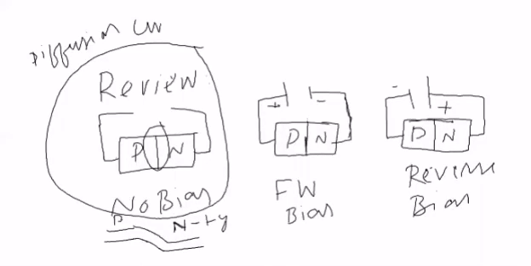I already told you that diffusion current is a current due to majority carriers. This is due to the difference in concentration of the charge carriers.